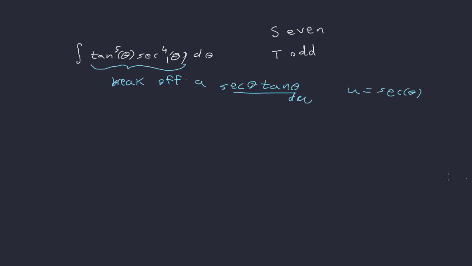So let's try that. If we break off a tangent, we'll get tangent to the 4th. If we break off a secant, we'll get secant cubed. And then we will get secant theta tangent theta d theta, and this is what we want to be our du, which makes our u, of course, secant.